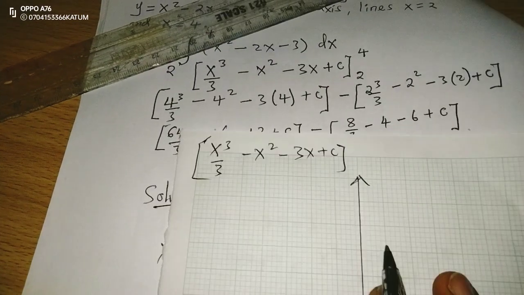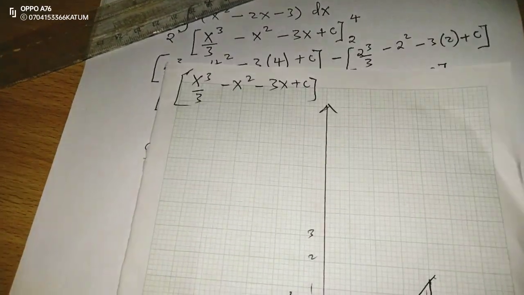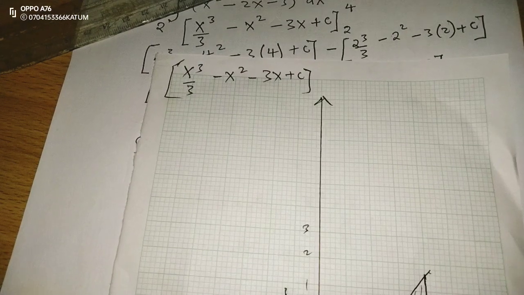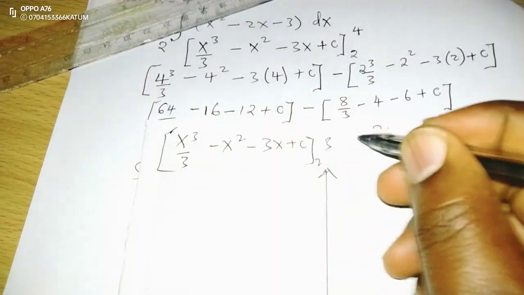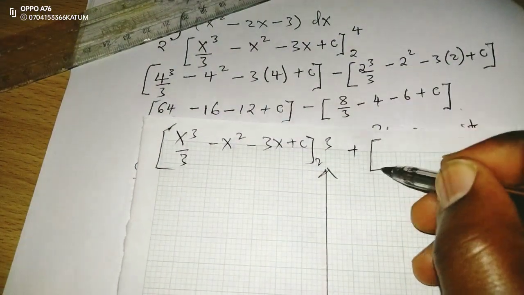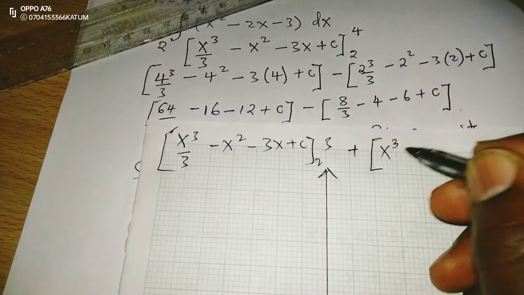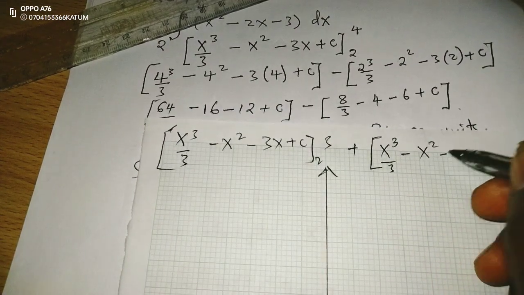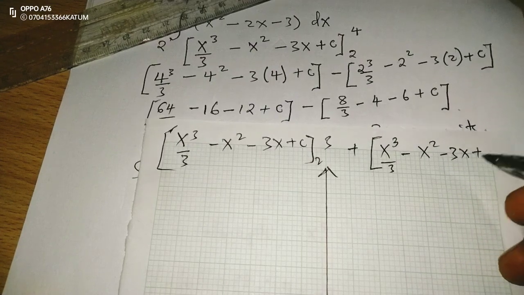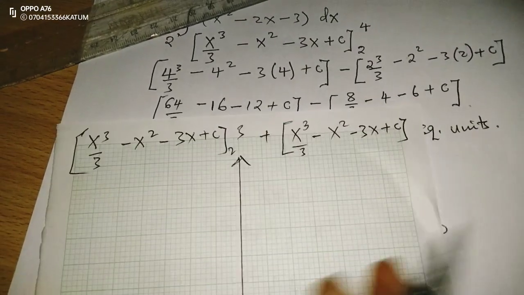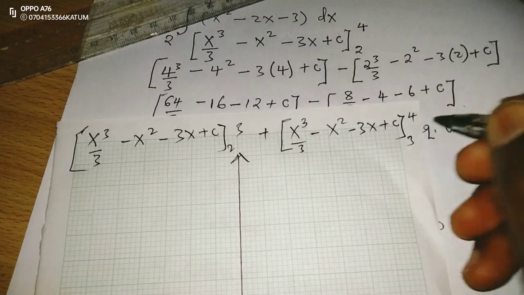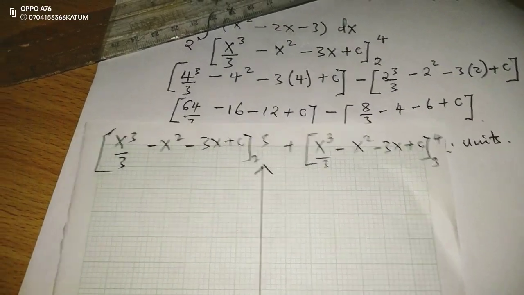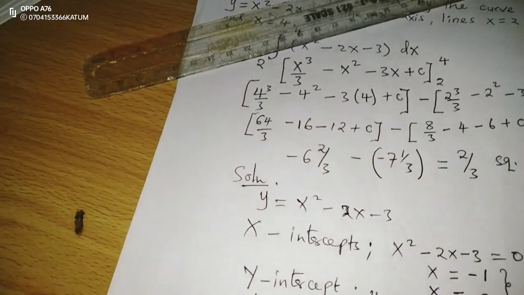Now we are going to start from 2 to 3. Then we add, when we integrate again the same function, but now from 3 to 4.